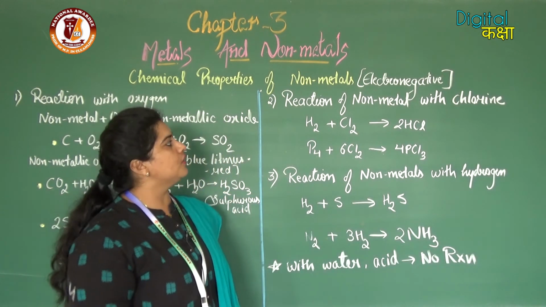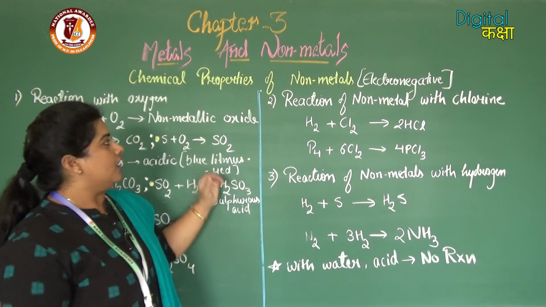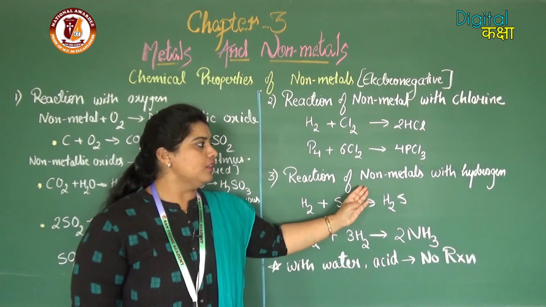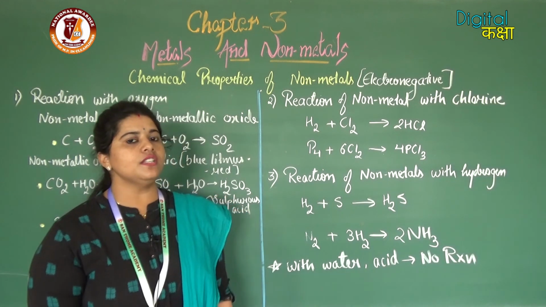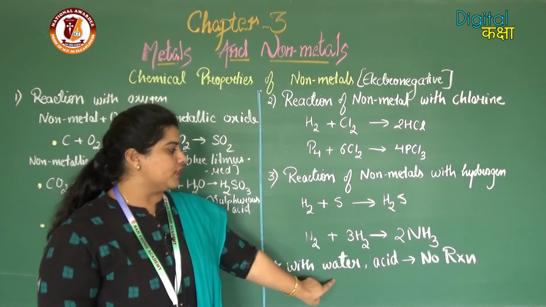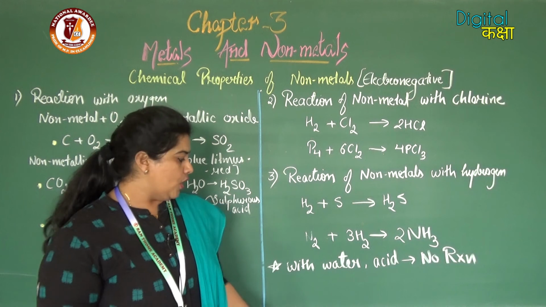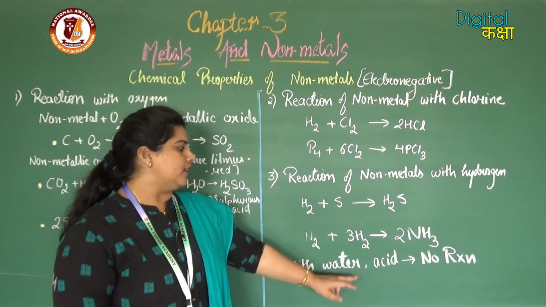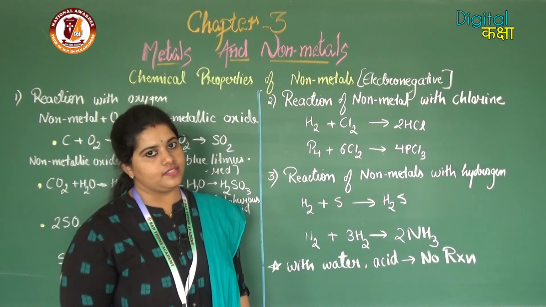So we understood three chemical properties: reaction with oxygen, reaction with chlorine, reaction with hydrogen. But we have not studied the reaction with water and acid, because nonmetals are not reactive to water as well as not reactive to acid.